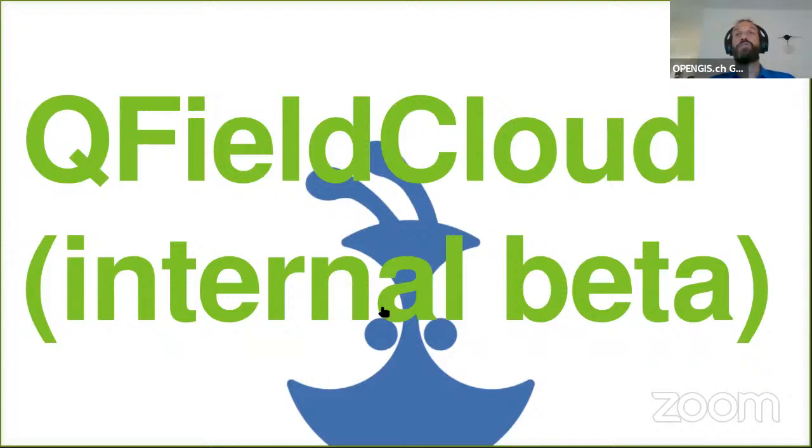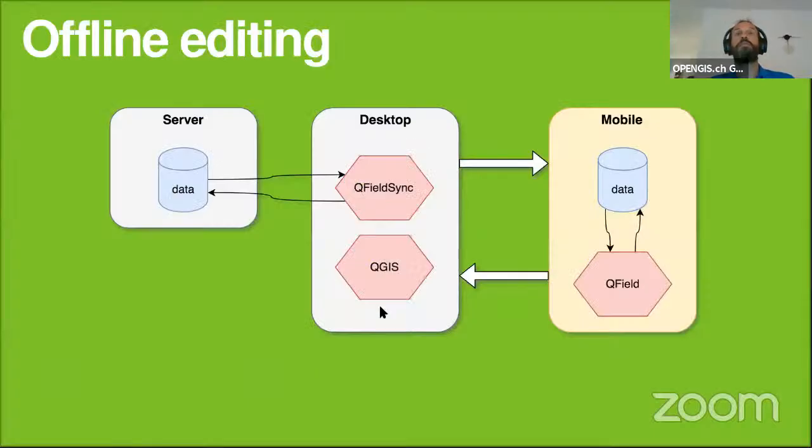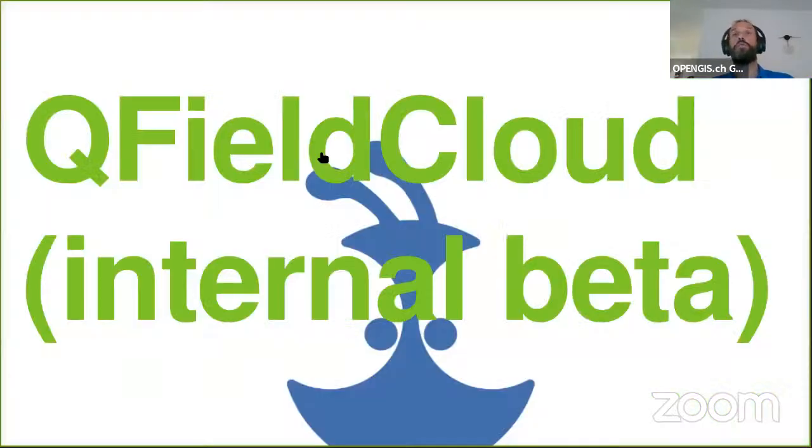Then I mentioned QField Cloud, which is in internal beta currently. We are heavily testing it, and what it does is something very similar to the offline editing process, where instead of having QField Sync, you have QField Cloud and your data. You decide when to push data to QField Cloud, and then QField Cloud takes care of all the tablets of your team members.